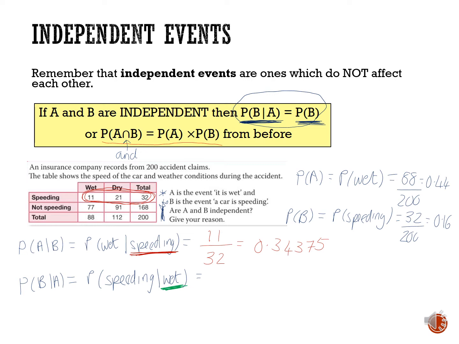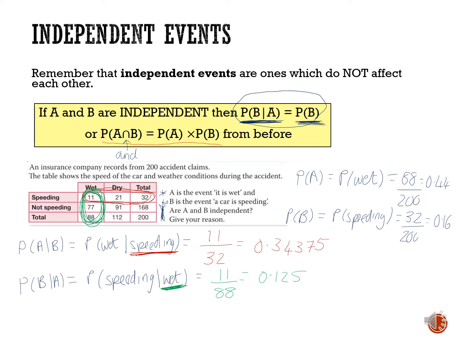So go to your table, find the numbers that relate to it being wet. So it's just those ones that we're interested in. What goes on the bottom? The total of all of the wet ones. So that's 88. What goes on the top? Well, we're only interested in out of those wet ones, which one was speeding. So that's going to be 11 out of 88, which is 0.125.